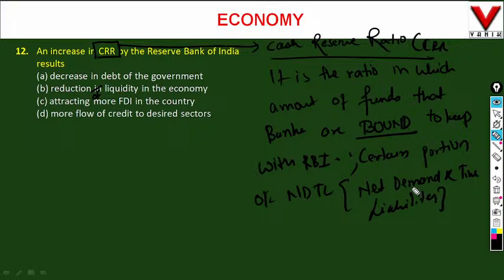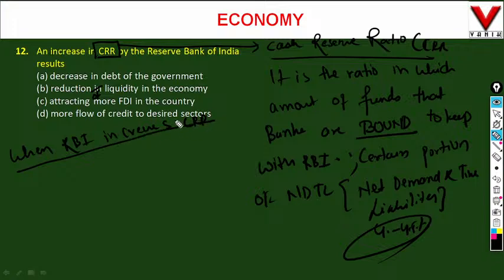It is around 4 to 4.5%, the rate at which it must be kept. What happens when RBI increases CRR?